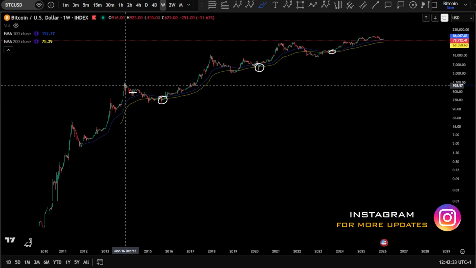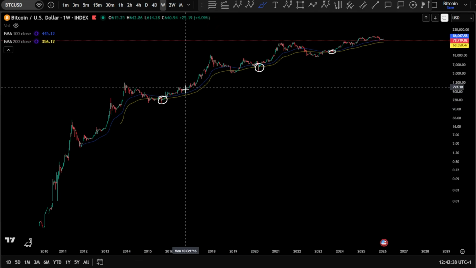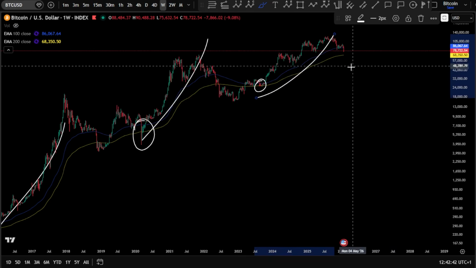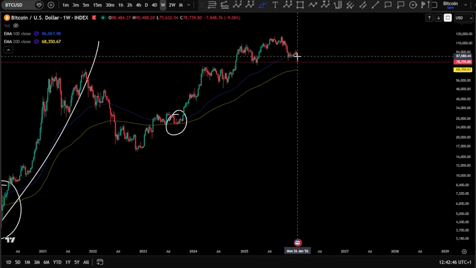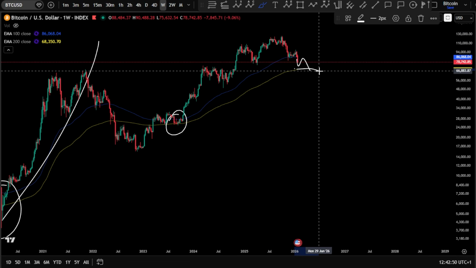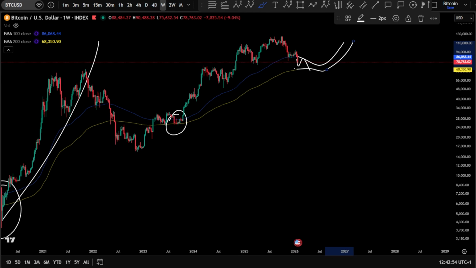So as you can see, every time the price reaches the 200 EMA on the weekly, we are aiming toward a new bull run. And currently, we are very, very close to it again, finishing our ending diagonal with it. And of course, we start to look for something bullish again as a new bull run, guys.